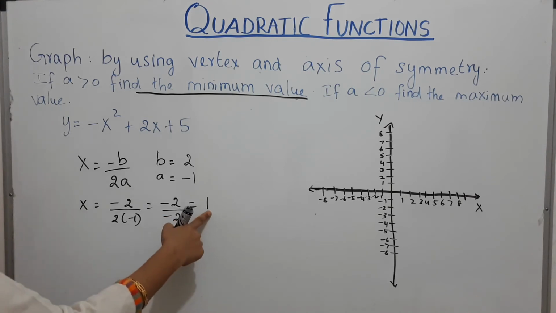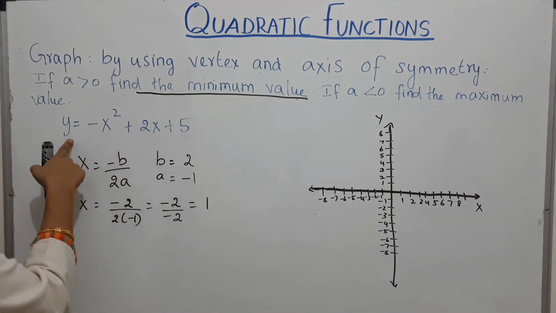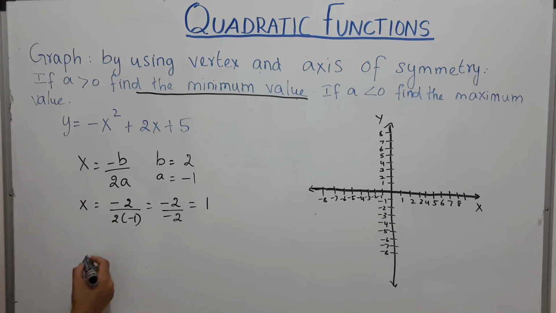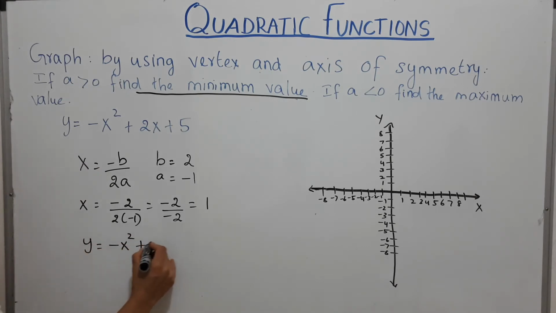Now we can substitute the value of 1 in the place of x in this equation to get the value of y. So y equals minus x squared plus 2x plus 5. Now you substitute the value of x as 1. So minus 1 squared plus 2 times 1 plus 5.